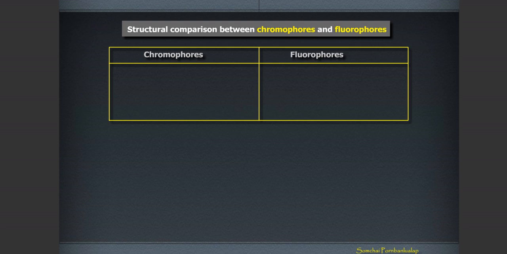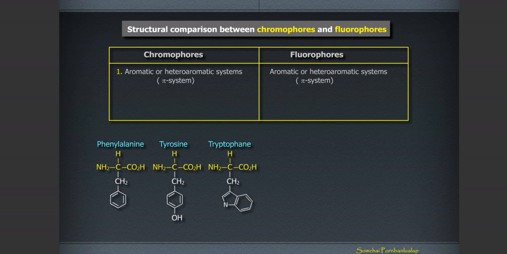Structurally speaking, both chromophores and fluorophores generally consist of 1. Aromatic or heteroaromatic ring systems. For example, among the 20 amino acids, only 3, those with aromatic or heteroaromatic side chains, absorb UV light at 200 to 300 nanometers.